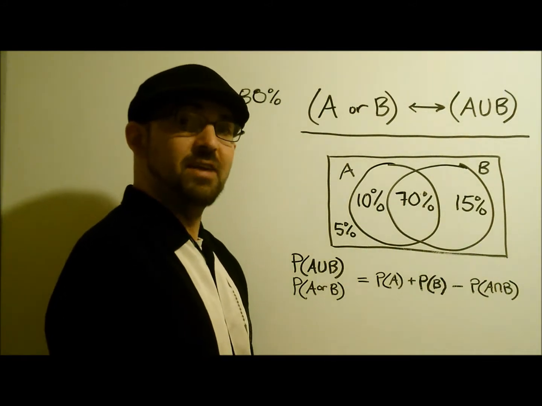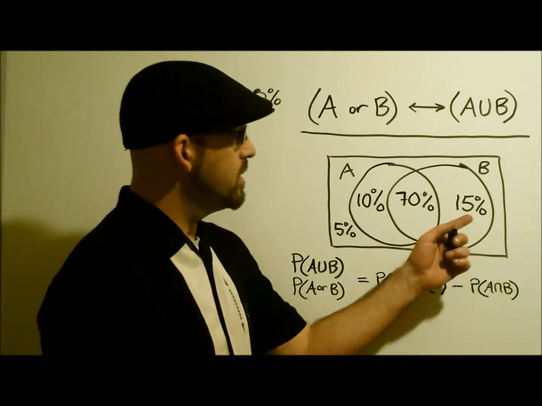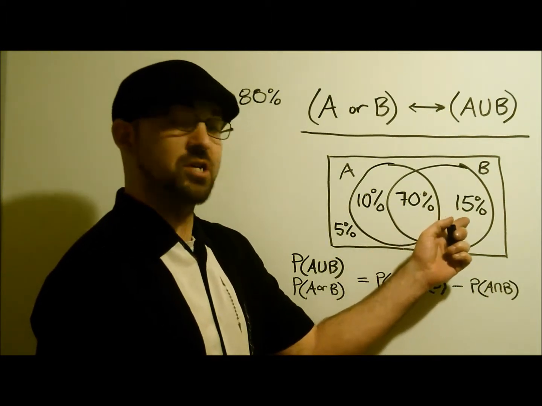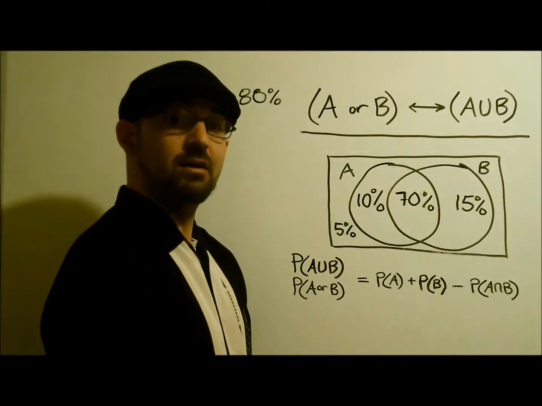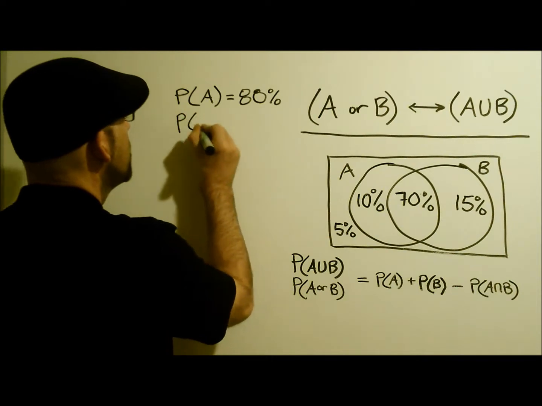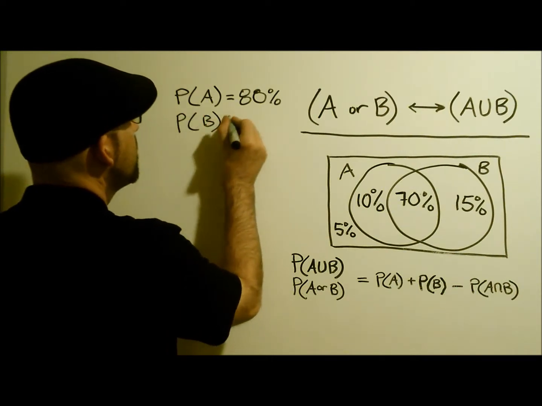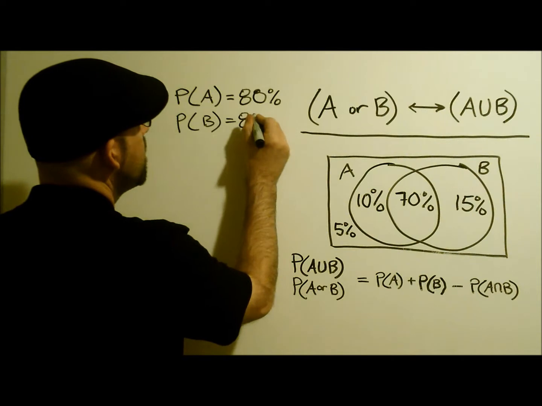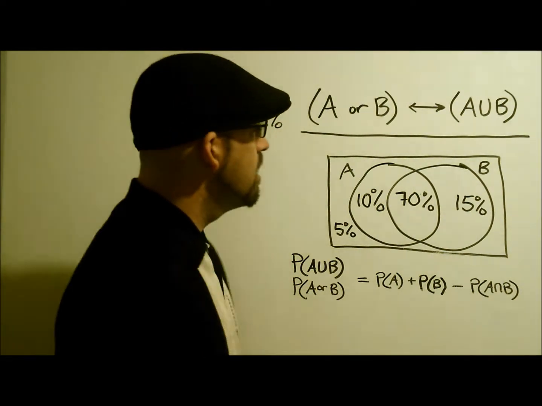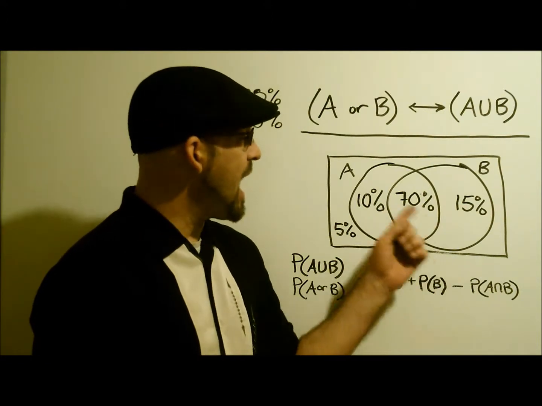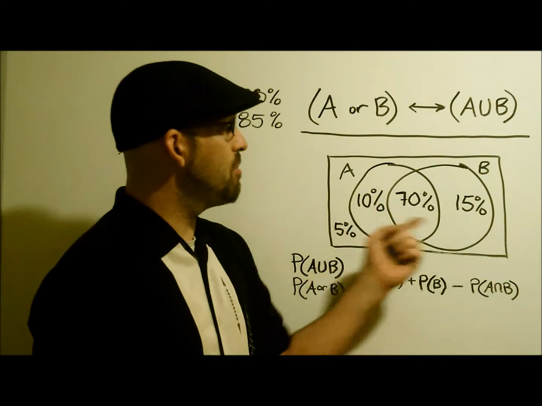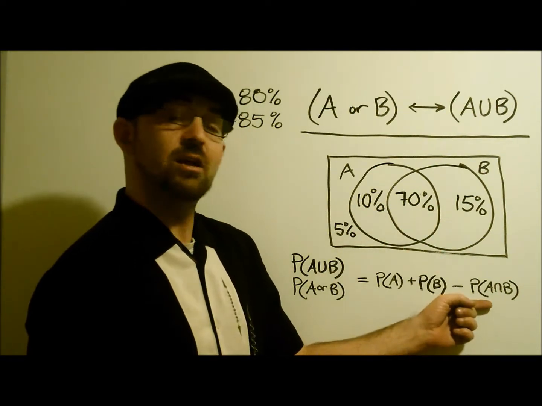Now the probability of getting a B, well, it's the same 70% plus another 15%, equaling 85%. Notice that we added the 70% twice, but to get the probability, we have to subtract it one more time.